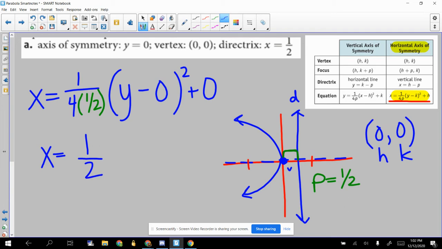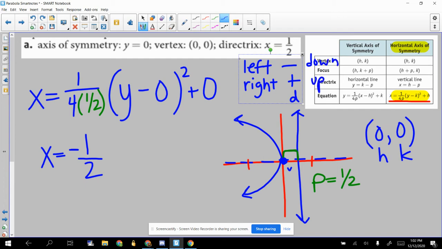Now, be careful here. Just like yesterday when we had opens up is positive, opens downward is negative, if it opens to the left, it is also going to be negative. Okay, so maybe you want to jot yourself that little note. That left is negative, right is positive. Just like we had yesterday, down is negative and up is positive.